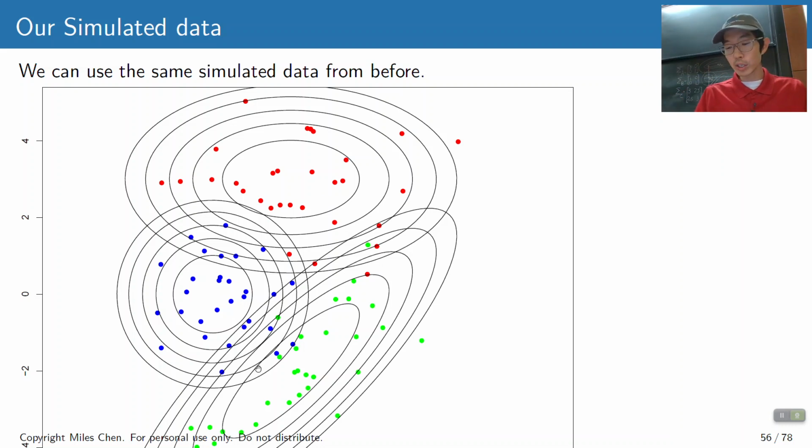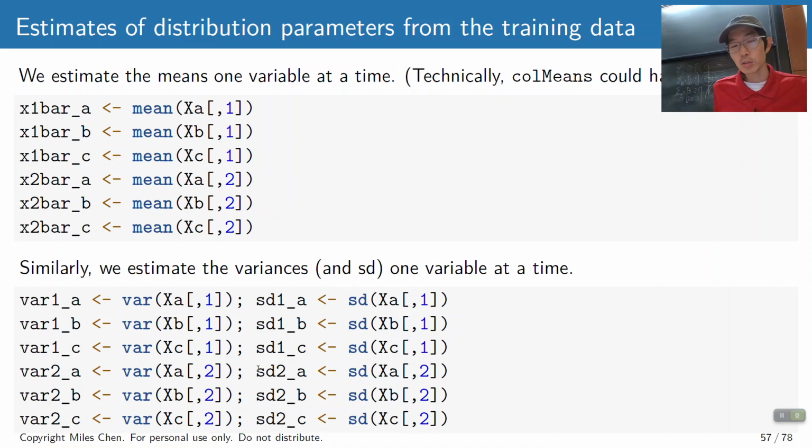And to do our estimates for the naive Bayes, we just need the mean of variable x1 for class A, and x1 for class B, x1 for class C. So I have x1 bar A, x1 bar B, x1 bar C, and then we have x2 bar A, x2 bar B, x2 bar C. So this is just column 1 and column 2 for the different classes A, B, and C. And then we're going to just get the variance or standard deviation one variable at a time.